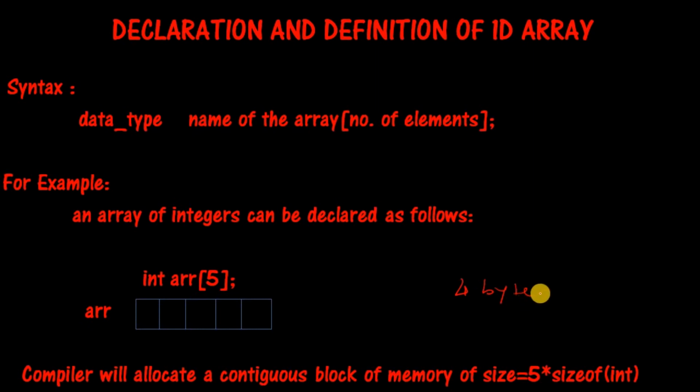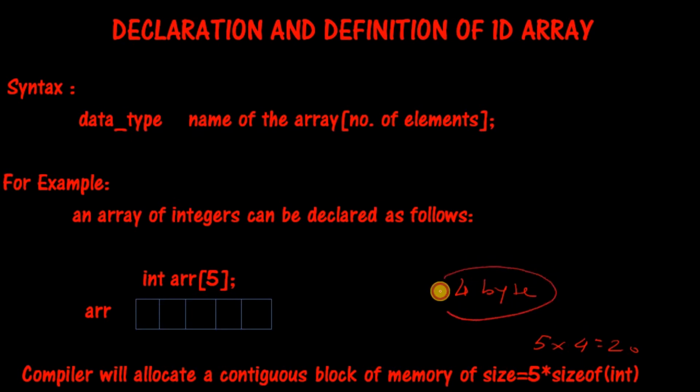But the total size of memory allocation by the compiler is equal to 5 into 4, which is equal to 20 bytes.